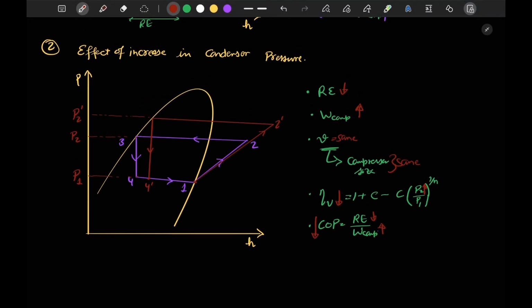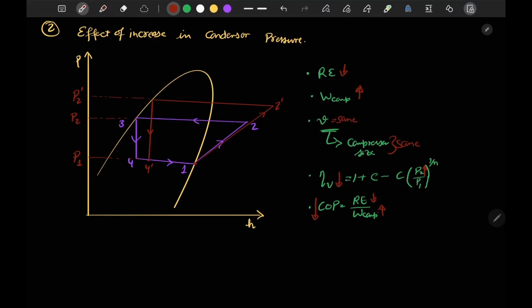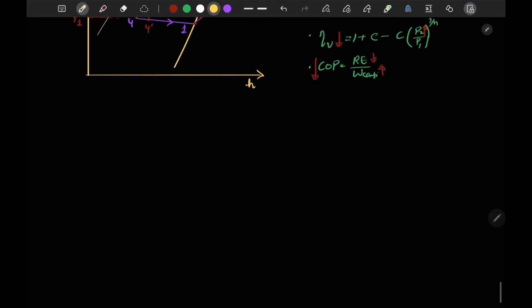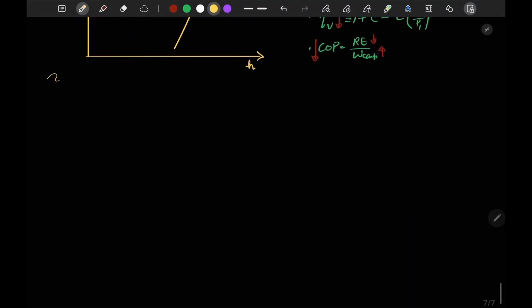Now if we move to our third operating condition, the third is the effect of suction vapor superheat.